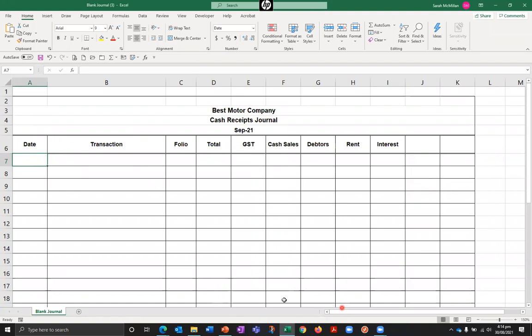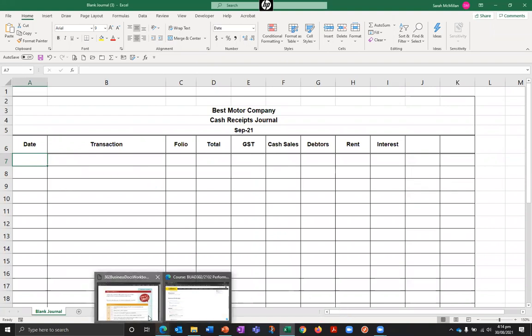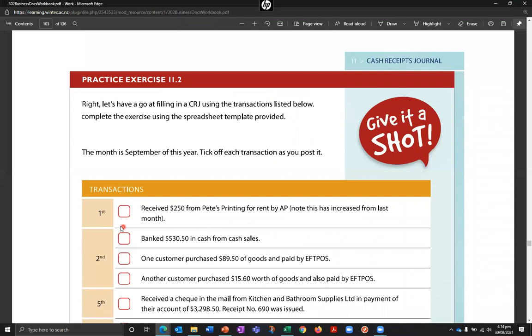Okay, let's have a look at our first transaction. Our first transaction was for the first of the month, and we received $250 from Pete's Printing for rent by AP. So when you look at your transaction, here is who it is received from, and here is the total.